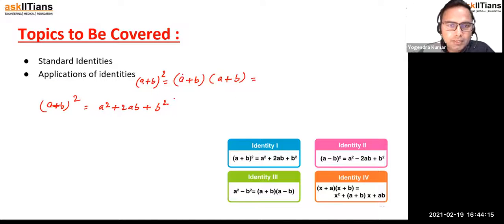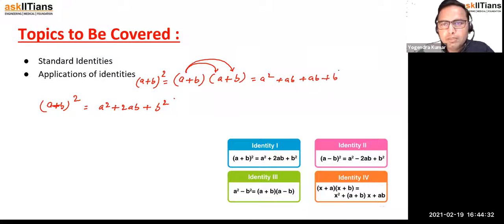When I multiply this a to this a, I'll get a square. Then I multiply a to b, so I'll get ab. Similarly, when I multiply b to this a, it will be ab or ba, that is the same, and then plus b square. So we are getting a square plus 2ab plus b square.